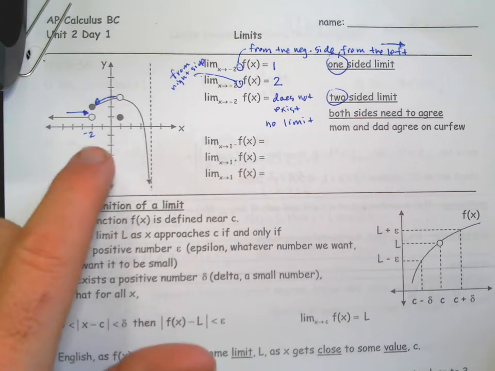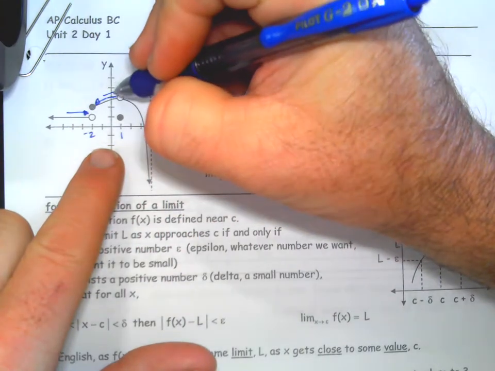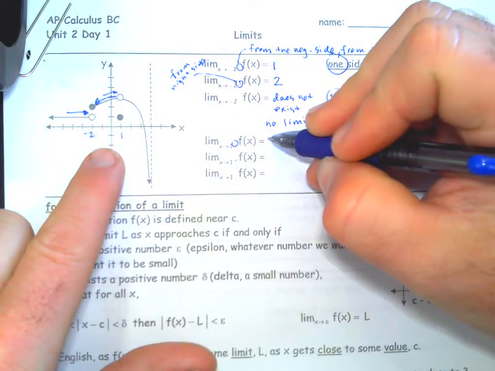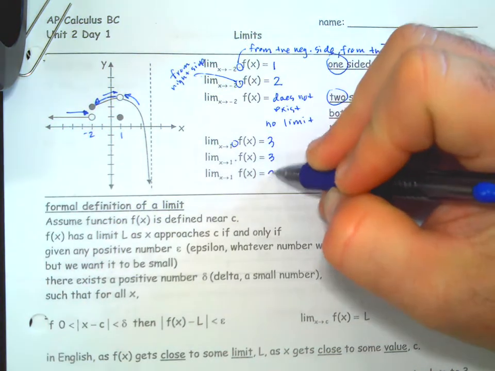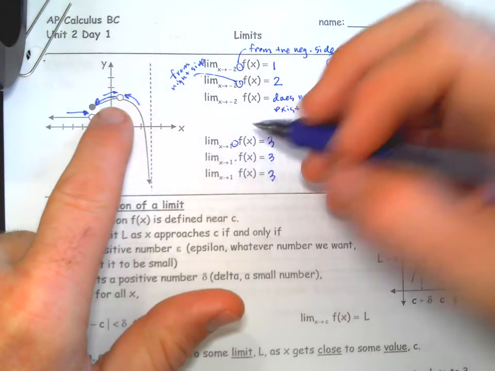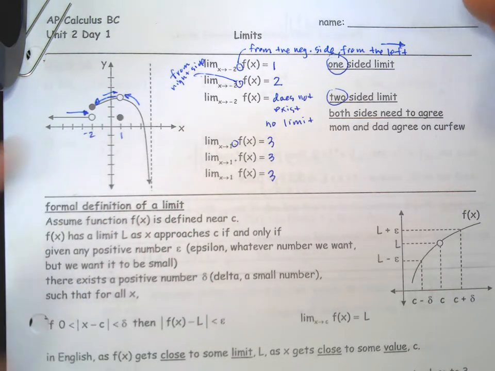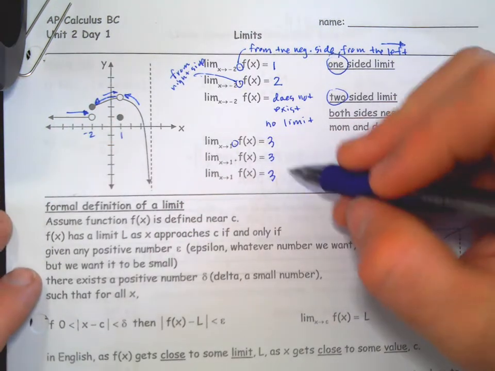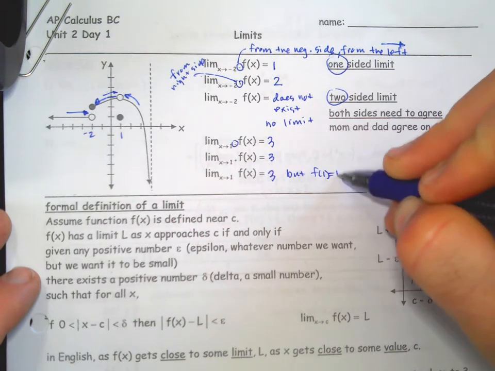How about x approaching 1 from the left side? The value approaches 3. From the right side, it approaches 3. So the overall limit is 3. Even though the function could have a hole there, the limit still exists, or even if the value of the function is a different value, like f of 1 equals 1.